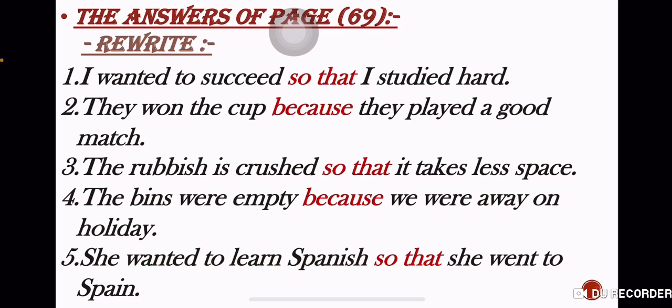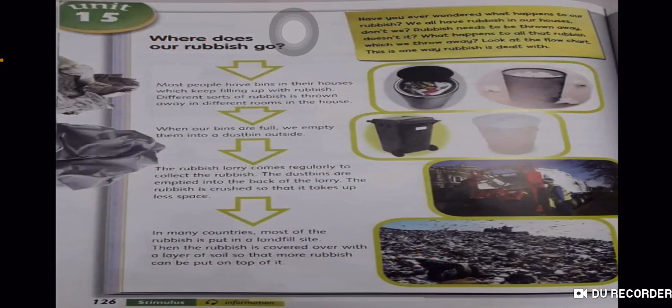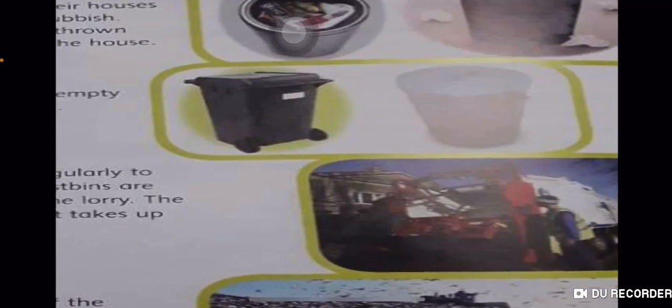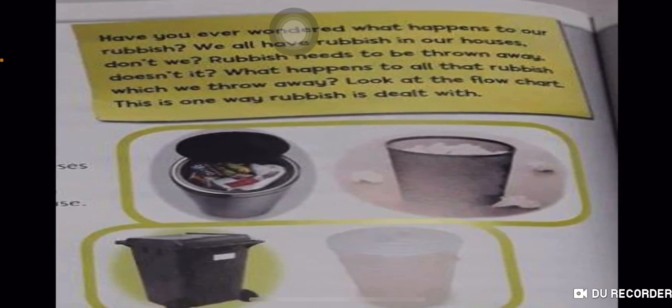Number 3. The rubbish is crushed so that it takes less space. Number 4. The pens were empty because we were away on holiday. Number 5. She wanted to learn Spanish so that she went to Spain.